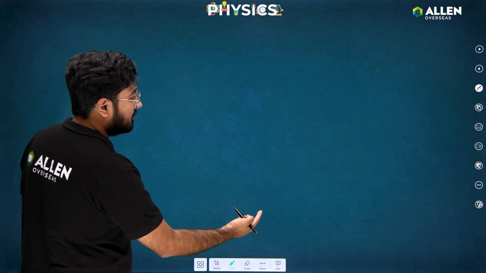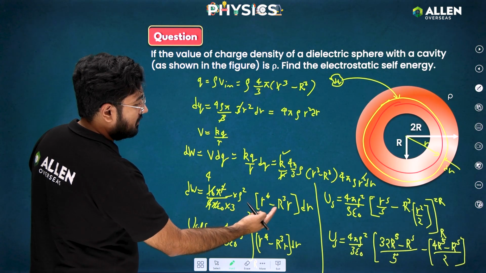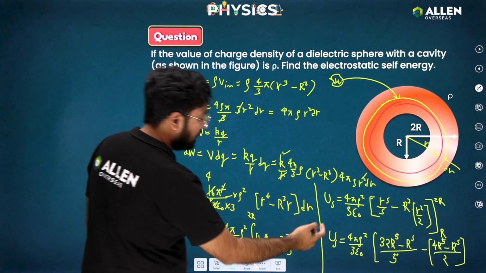You can easily evaluate that thing. What was it? 32 r to the power 5 minus r to the power 5.